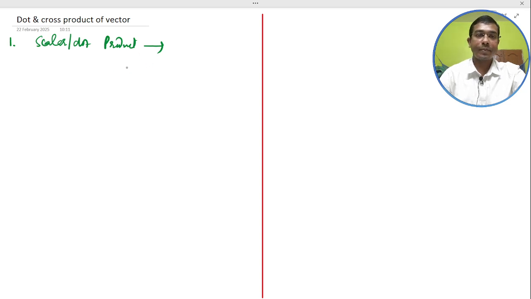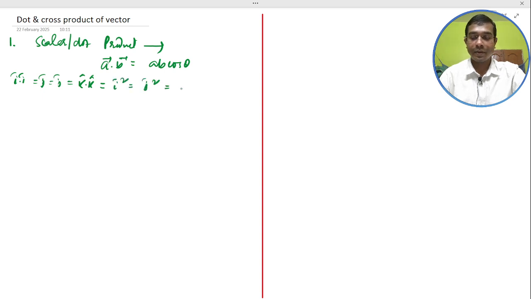Dot product means A dot B is equal to AB cos theta. i, j, k are orthogonal vectors, that means i dot i is equal to j dot j is equal to k dot k, this is equal to i square, j square, k square. This is 1.